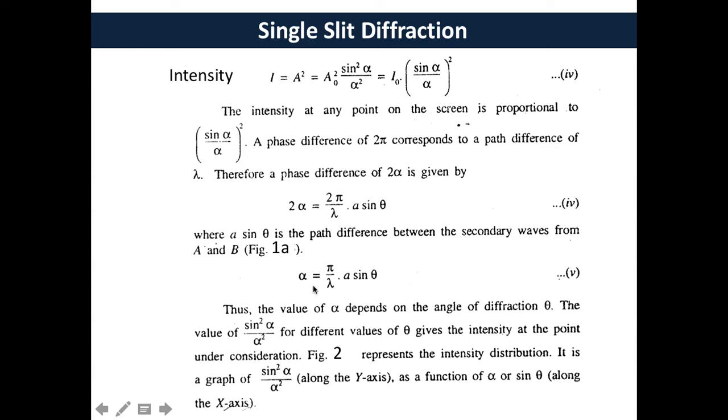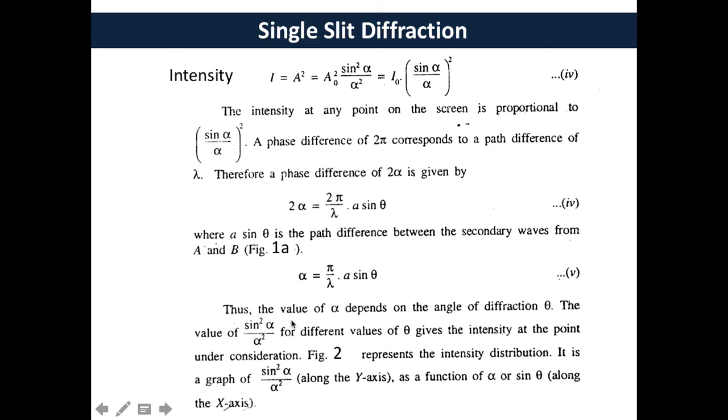So you can write alpha is equal to pi upon lambda a sin theta. Thus the value of alpha depends on the angle of diffraction theta.